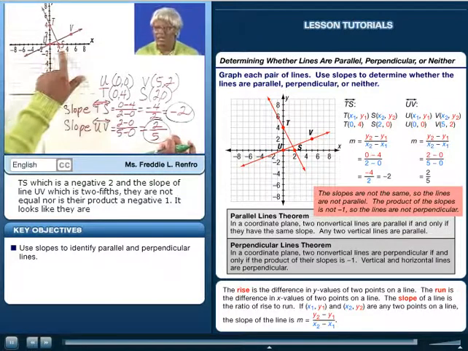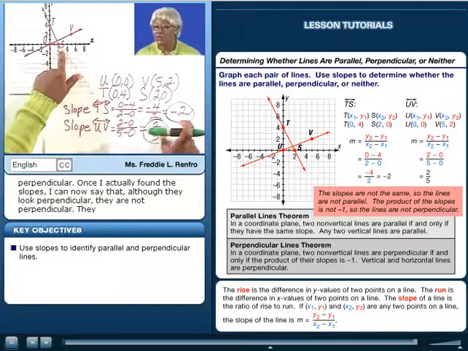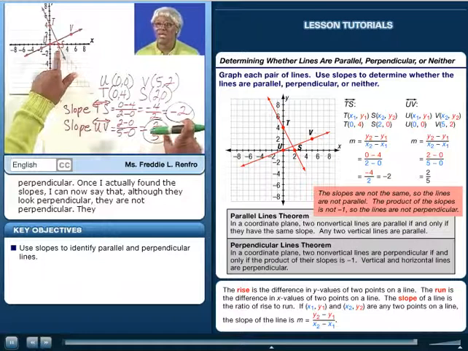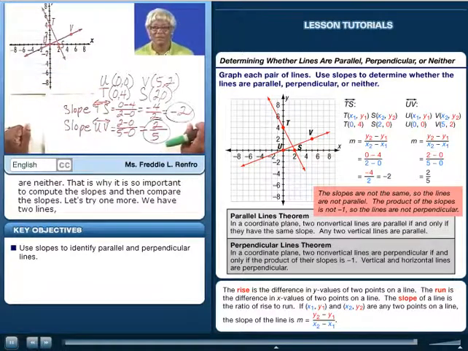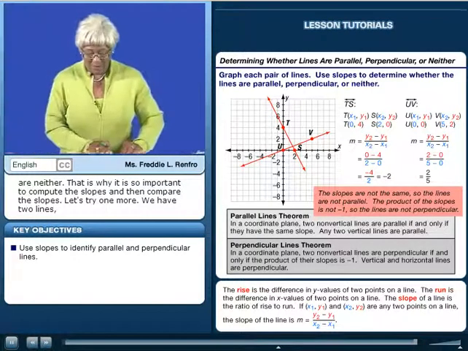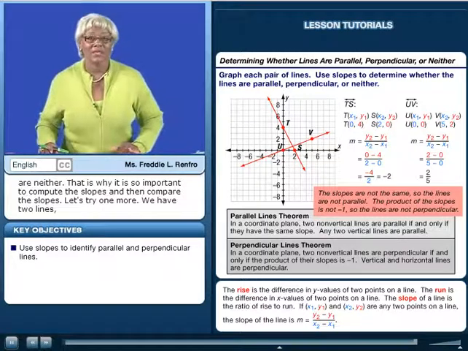Although they look perpendicular, they are not perpendicular. So they're neither. That's why it's so important to compute the slope and then compare the slope.